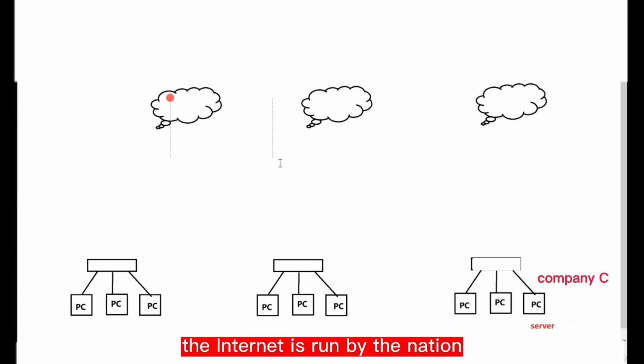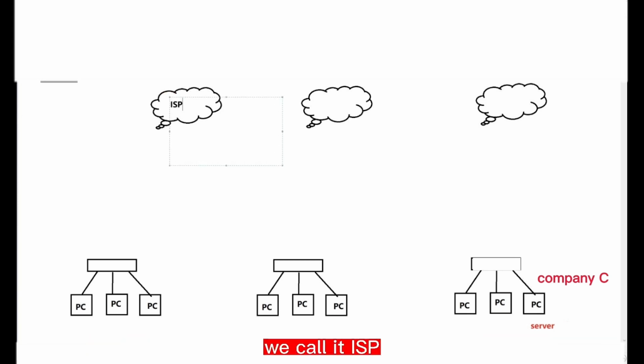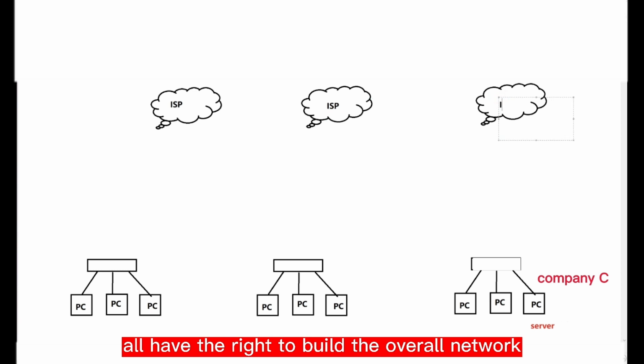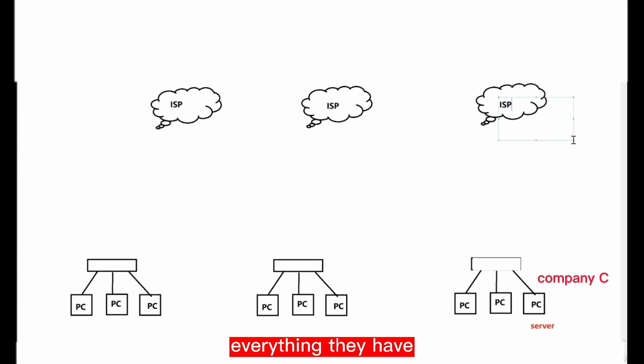The internet is run by the nation, or deployed and built by operators all over the world. We call it ISP. Our country's largest electronic information operators all have the right to build the overall network, purchase equipment, lay lines, and construct equipment. Everything they have, such infrastructure.